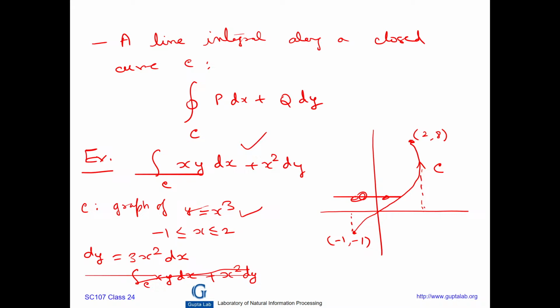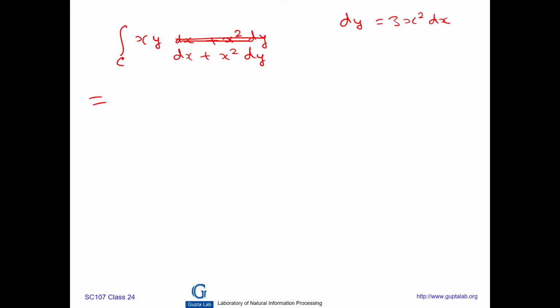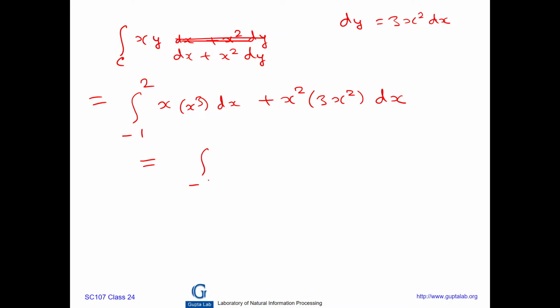So x varies from -1 to 2. This will be the integral from -1 to 2 of x times x cube dx plus x square times 3x square dx. And this you can simplify: the integral from -1 to 2 of 4x to the power 4 dx is equal to 132 by 5.